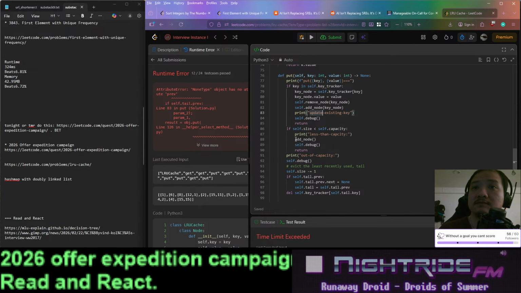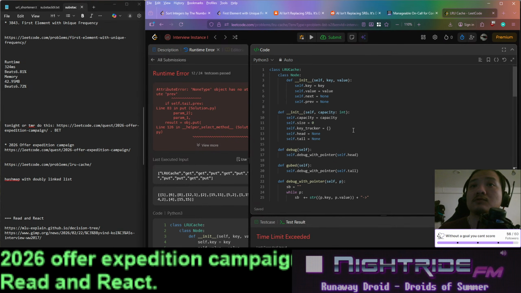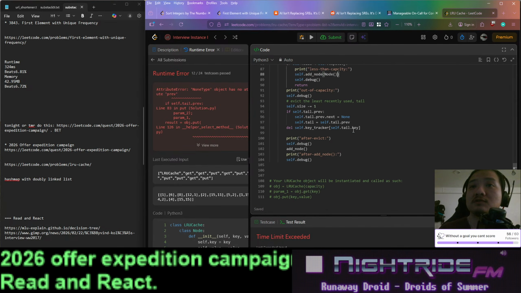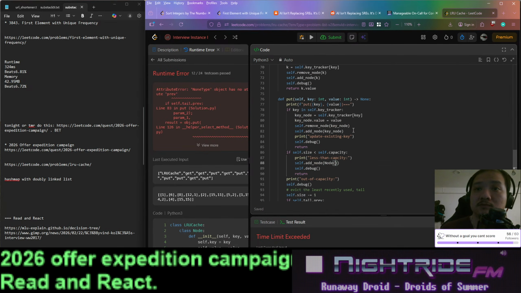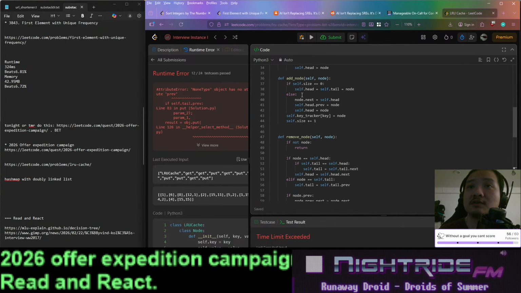Self.add_node, right? So this is basically node. Self.node, key, value. So this function is the same.